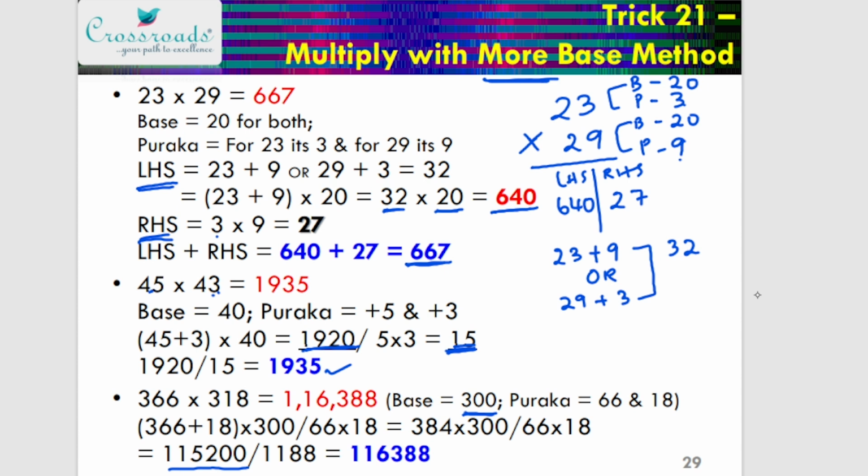I get 1,188. When I add both these numbers, my final answer is going to be 1,16,388. Therefore, when I multiply 366 into 318, I arrive at an answer of 1,16,388. I hope this method is clear for one and all.